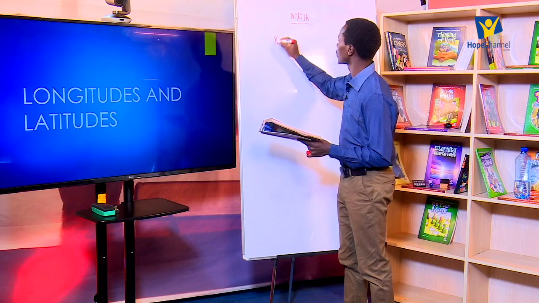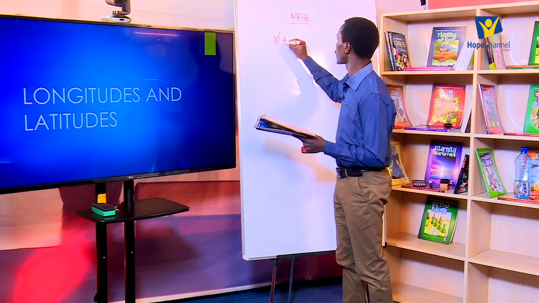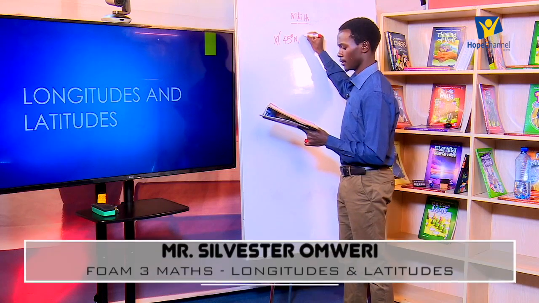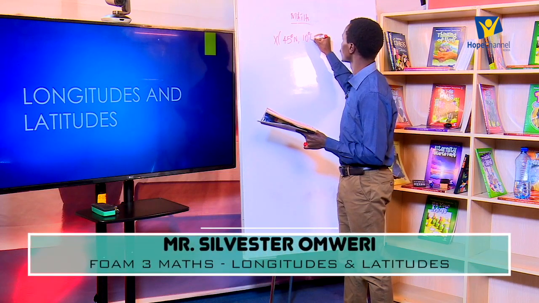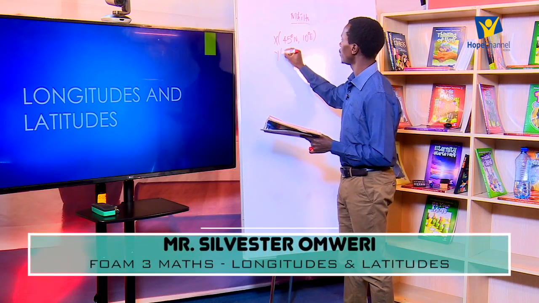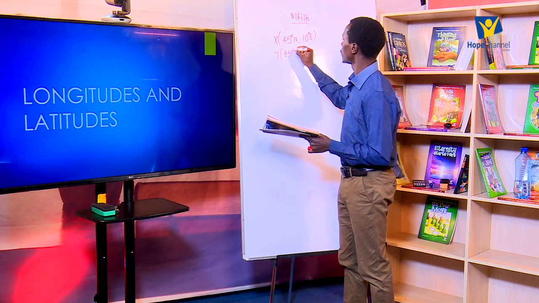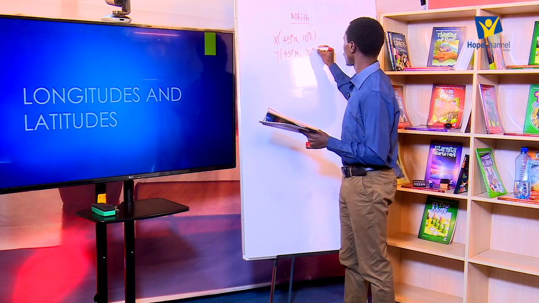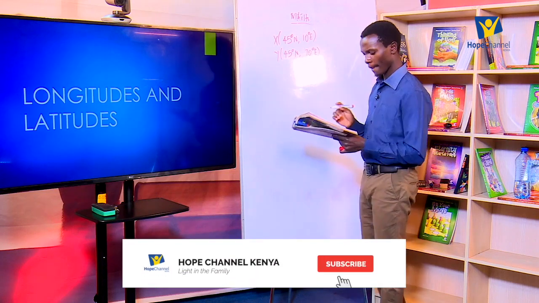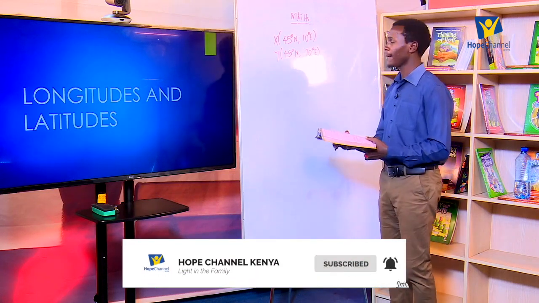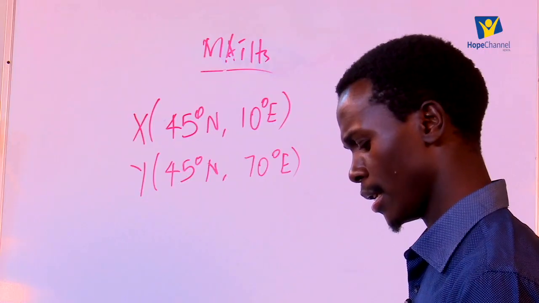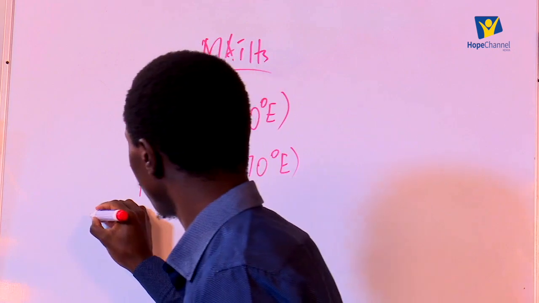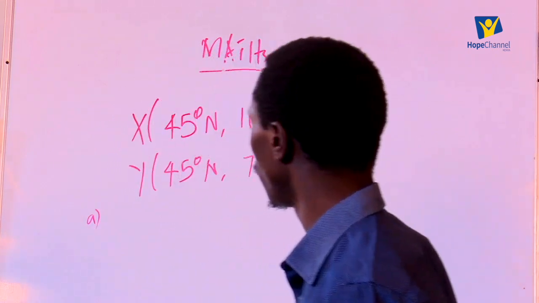So X is 45 degrees north and 10 degrees east. Y is 45 degrees north and 70 degrees east. Now, part A, find the difference in longitude.